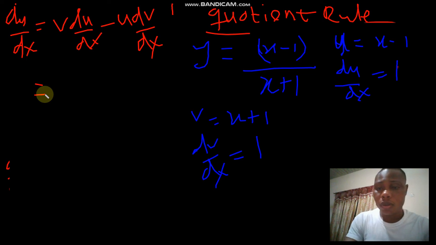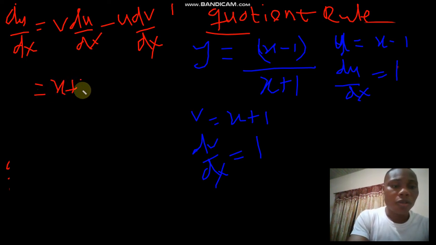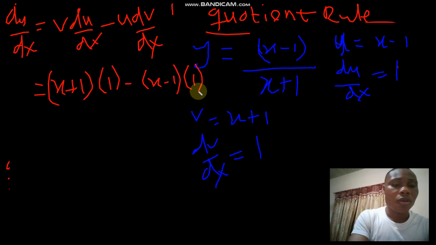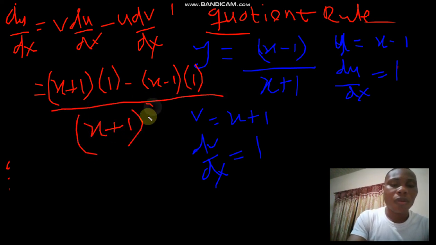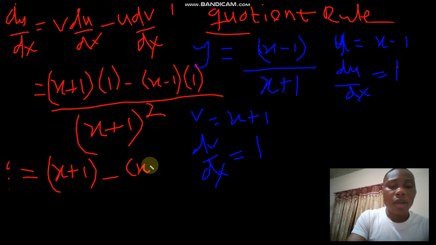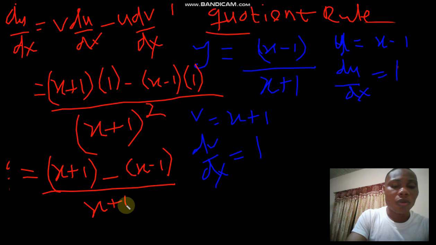Our v is x plus 1, du/dx is 1, minus our u, which is x minus 1, dv/dx is 1, all over x plus 1 all squared. That should just give us x plus 1 minus x minus 1 over x plus 1 all squared.